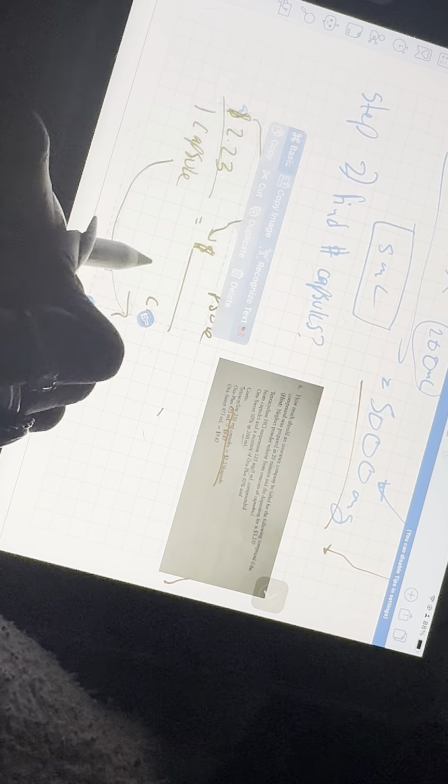Oh, I skipped a step again. Whoops. Sorry. This is for later. Okay, first things first, we have to use the milligrams.